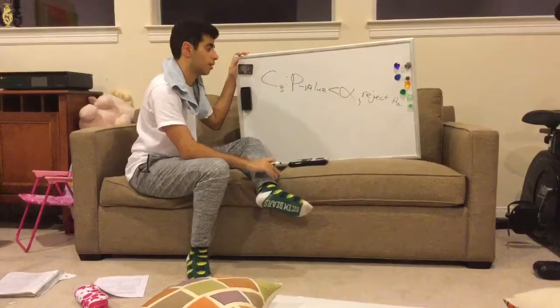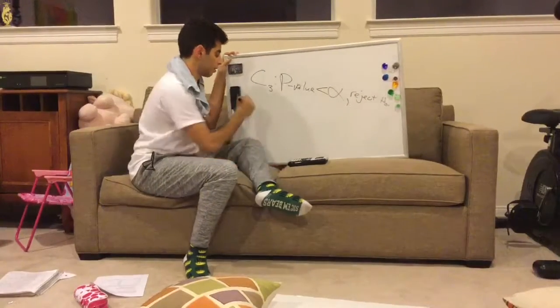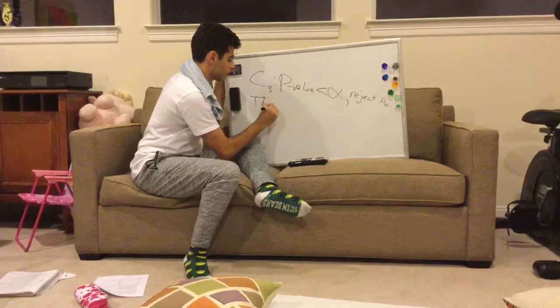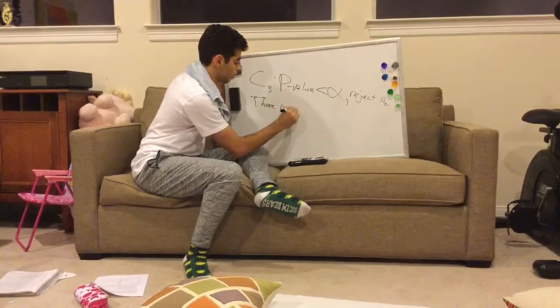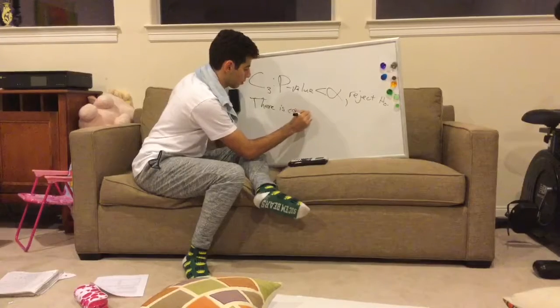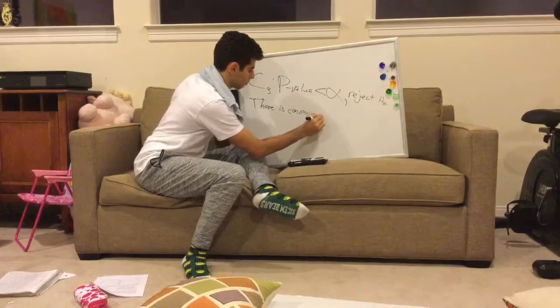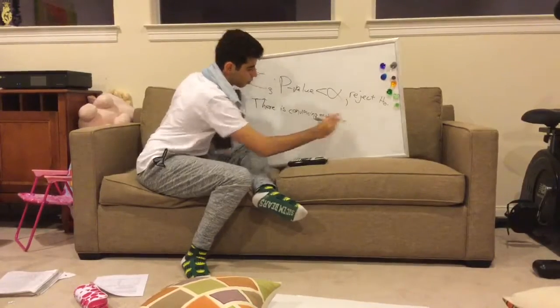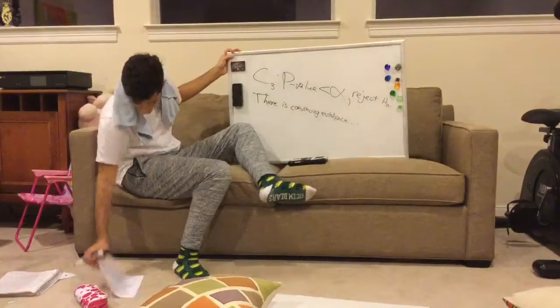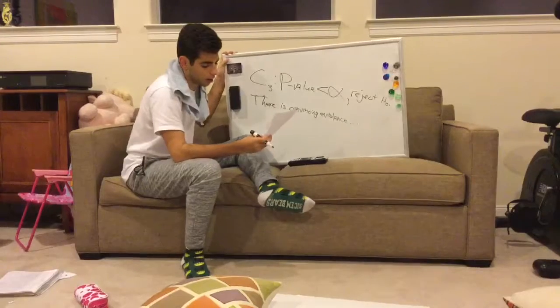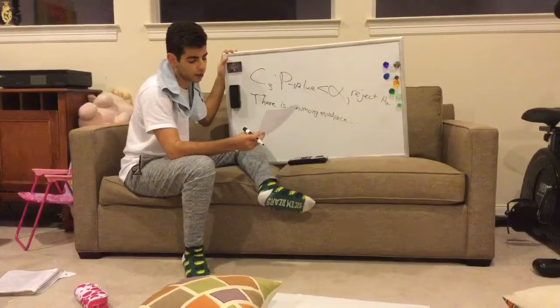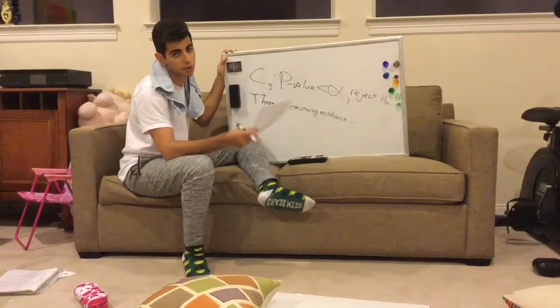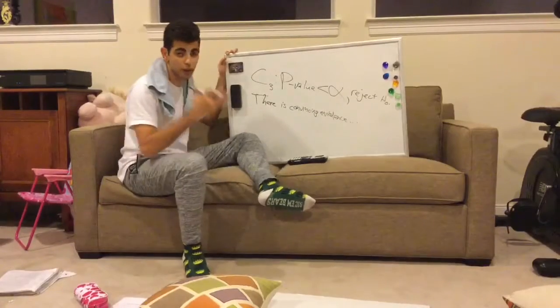And so now we can write that there is convincing evidence that the average price of gas per gallon in the truck driver's city is below $2.75. So we're done. We did it.